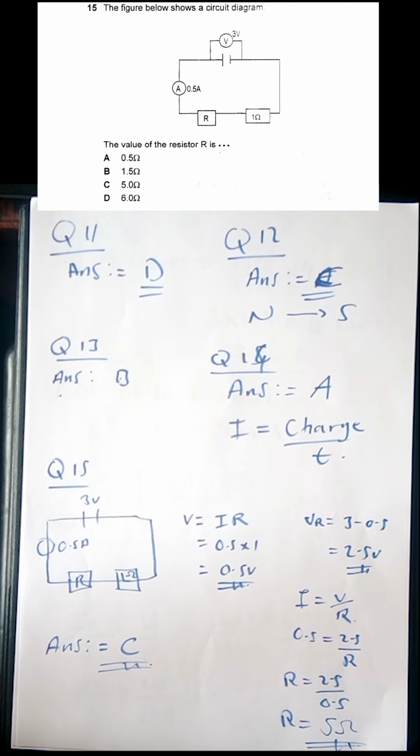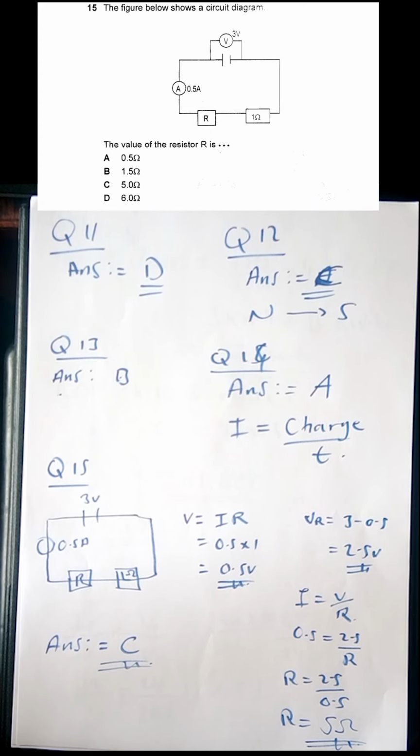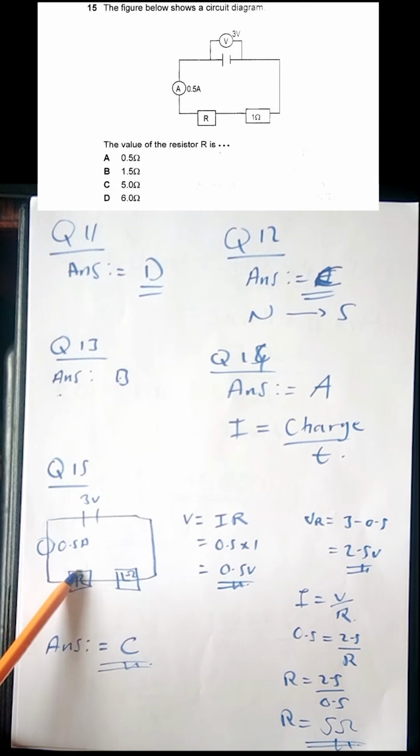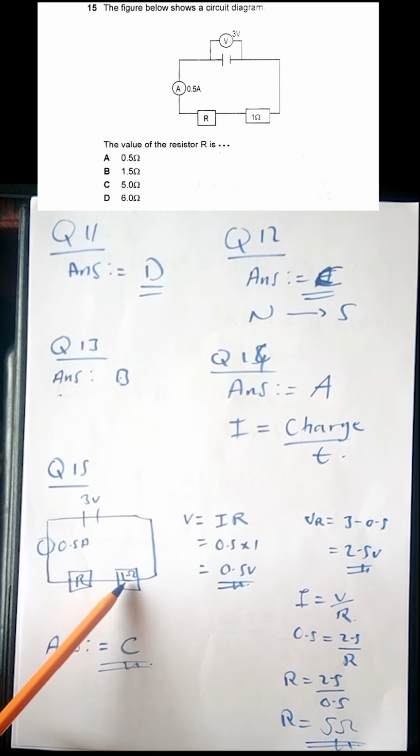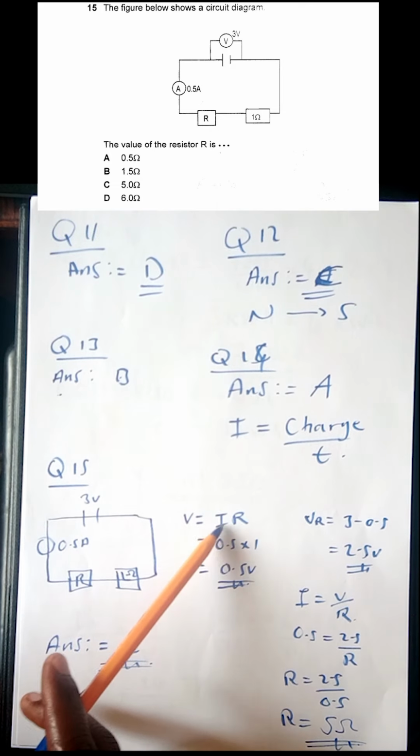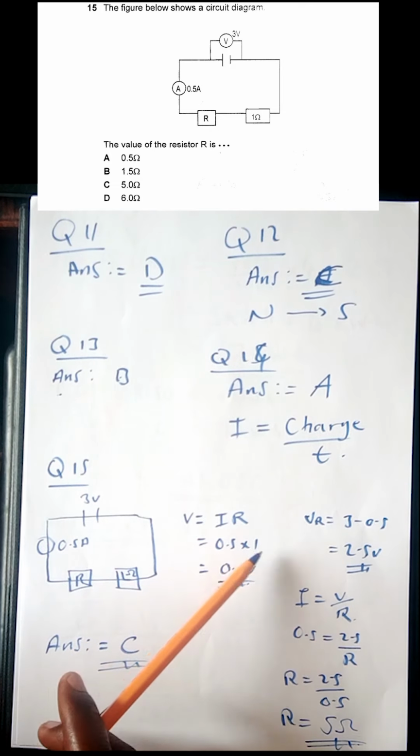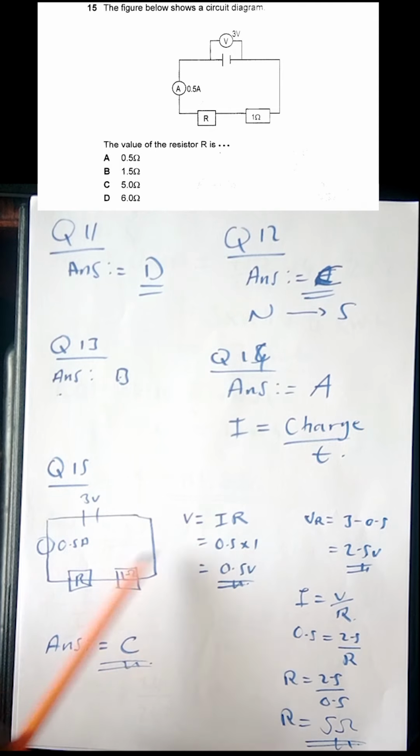Question number 15, guys. There's a calculation of electricity there. The figure below shows a circuit diagram. What is the value of the resistor R? To find it, let us first find the voltage of the 1 ohm resistor, using V equals IR.